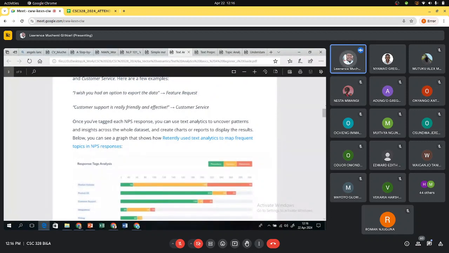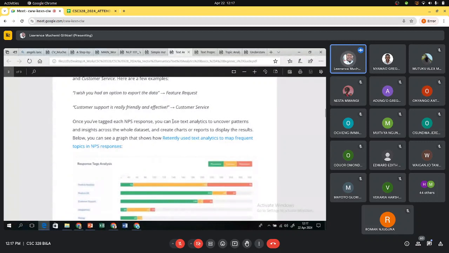Now, once they have done that, either manually or automatically, they have now started creating the charts. So here it is. Once you've tagged the responses, you can use text analytics to uncover patterns and insights across the whole data set and create charts or reports to display the results.